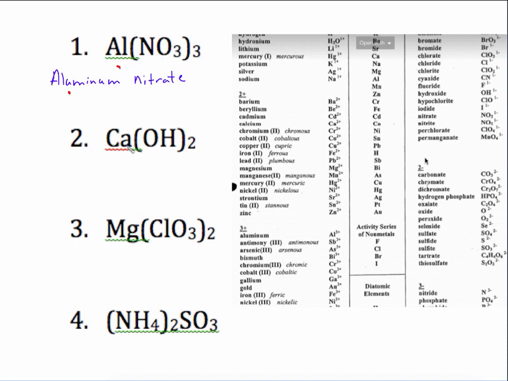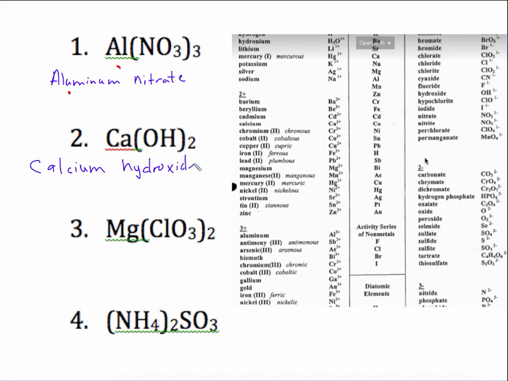All right, so let's look at number 2. We find calcium on our ion chart, and it's spelled just like the periodic table, but you write it down just like it's here. And then you find hydroxide, the negative ion, and it's right here.